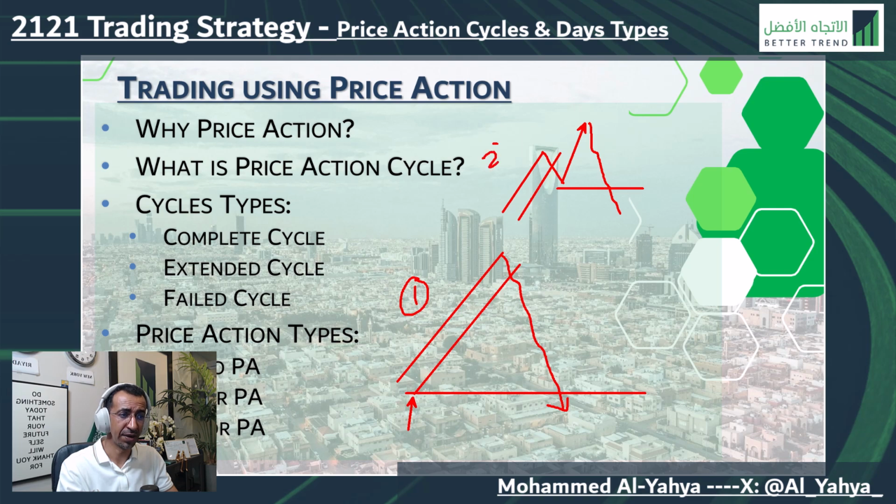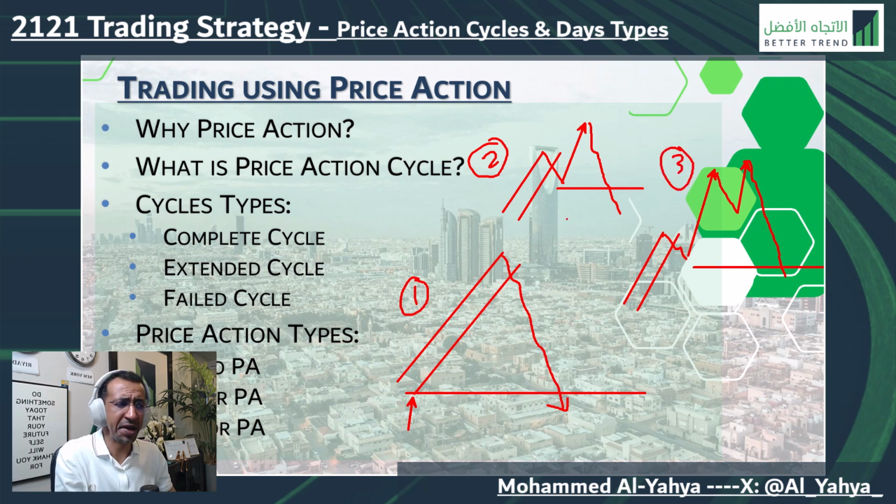So this is another example of failed price action. Then the third one: channel, break, making leg one, and trying to do leg two, but it's not completed. It comes to this high and the market drops from there. So this is the third one.